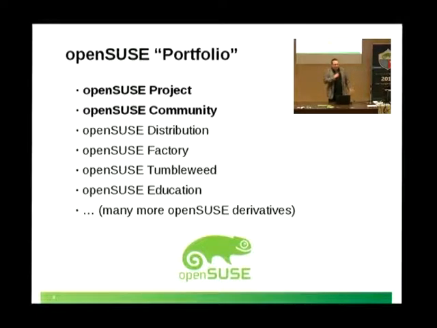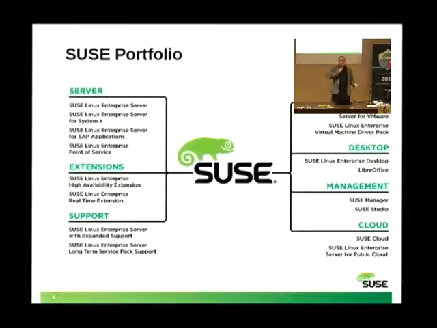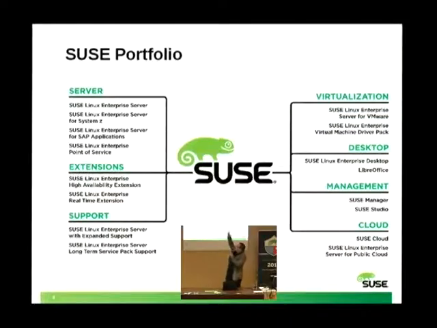And as with openSUSE, which can mean basically any of those terms, SUSE Linux Enterprise is a cover-up name for the larger part of the SUSE portfolio. So we have our server products, which are all part of the SUSE Linux Enterprise family for specific architectures and so on. We have extensions to those servers, which are also part of the SUSE Linux Enterprise family. We have support offerings, which are part of the SUSE Linux Enterprise family.